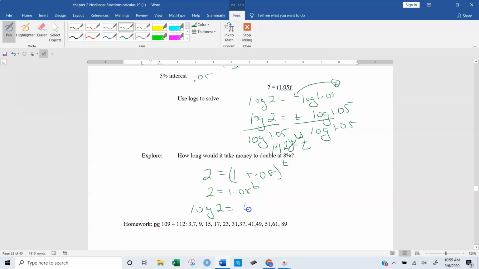I'm going to bring my t down right away just because I am out of room. Divide by your log of 1.08. And you should get t to equal 9 years. A little bit better. 14 is a long time.